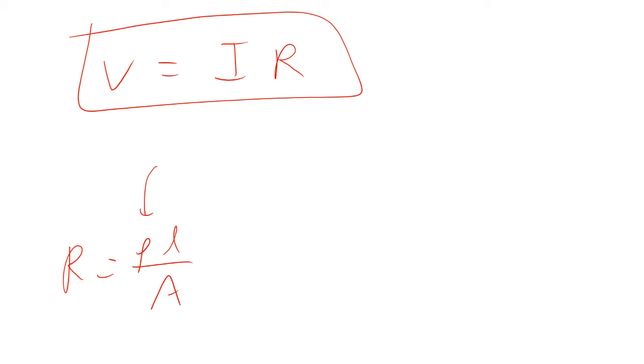Rho is a property of the material. Remember, the rho was m over n e squared tau. So the m is the mass of the charge carriers, the electrons. The n is the number of charges per volume. The e is the charge on each of the charge carriers.